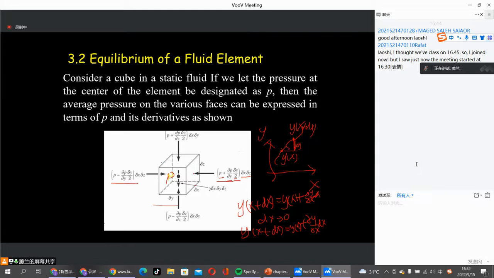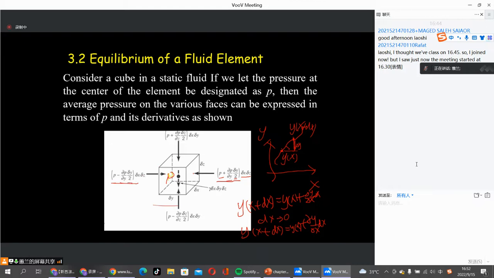Similarly, for the left surface, we can find the pressure at the centroid of the left surface should be p minus dp/dy times delta y over 2, because this is the spatial derivative and this is the distance to the centroid, okay?